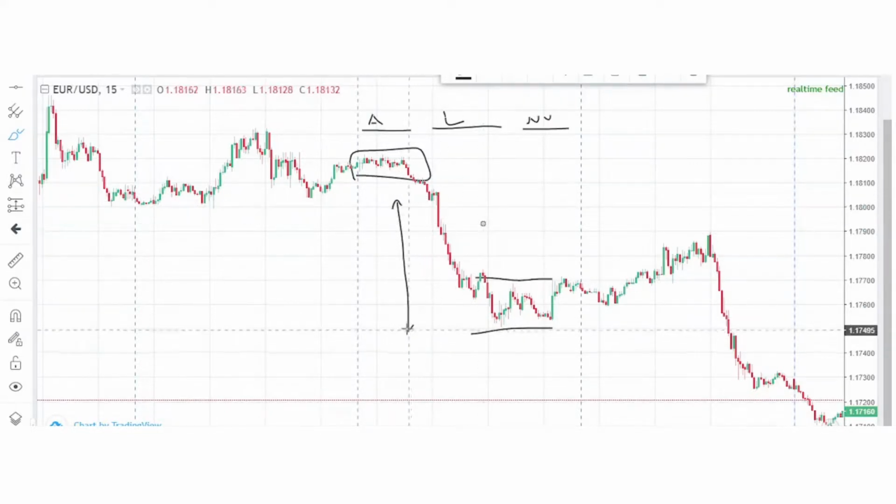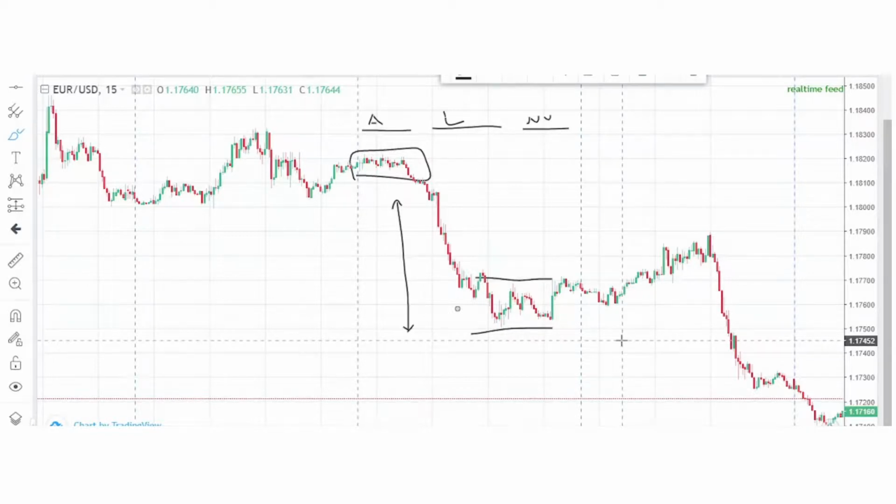So this is our seller's territory as discussed in the previous session. So you come here, you realize that we have a seller's territory. So what do you want to do? You want to sell. Okay, then the next thing that you look at, you say, okay, what is the market doing?